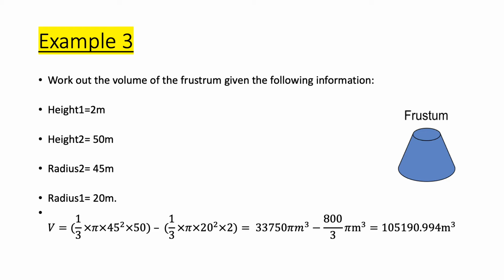So a third times pi times the larger radius squared times the larger height, minus a third times pi times the smaller radius squared times the smaller height. Then you should get an answer of 105,190.994 meters cubed.